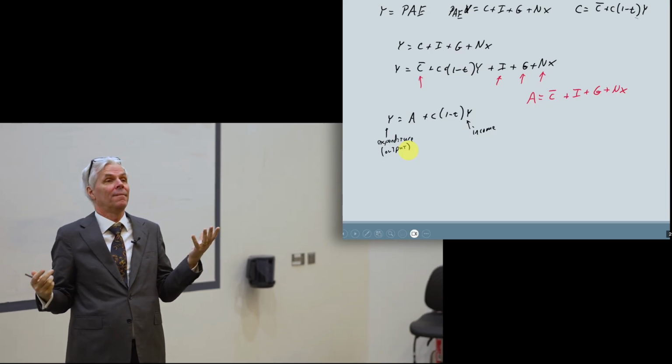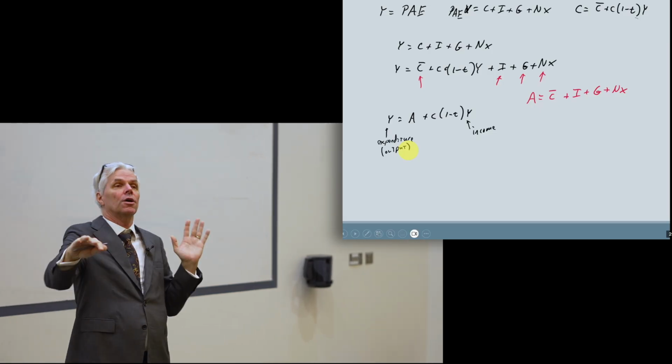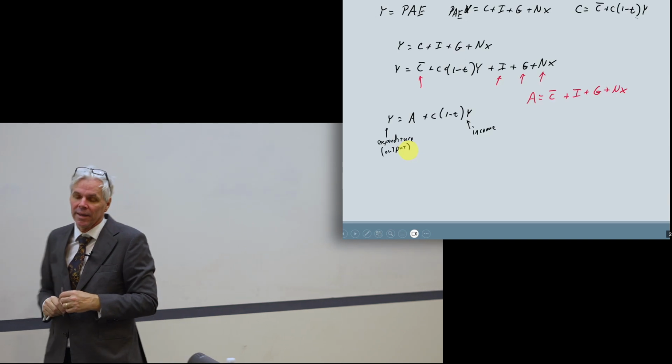Okay? And so now we can treat them as the same thing. Y is Y. Because we put all our equations together. After we put them together, then we can start treating them as identical. And so I got y on the right-hand side, I got y on the left-hand side. Let me put them both on the left-hand side.